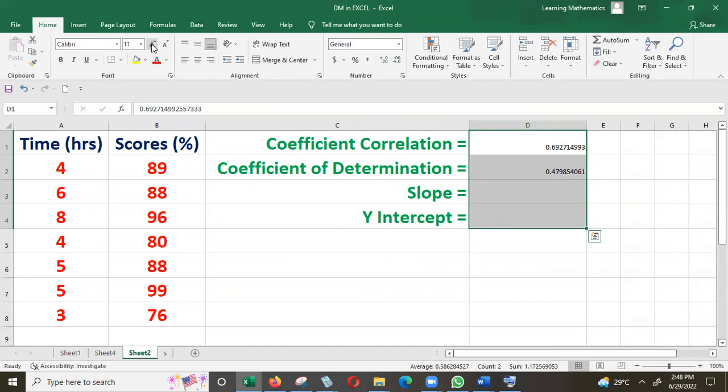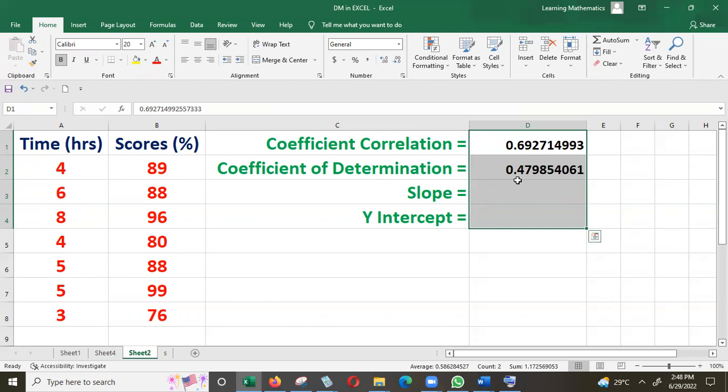The correlation coefficient is 0.69, so there is a strong positive correlation between score and time. It means that as the time spent practicing increases, the score increases also. And the coefficient of determination is 0.48. It means that about 48% of the increase in score is due to time spent practicing.